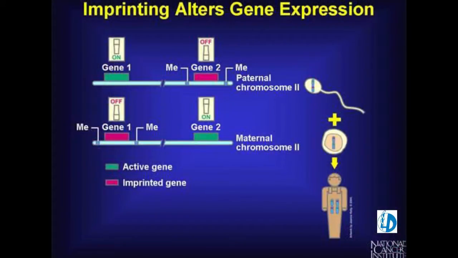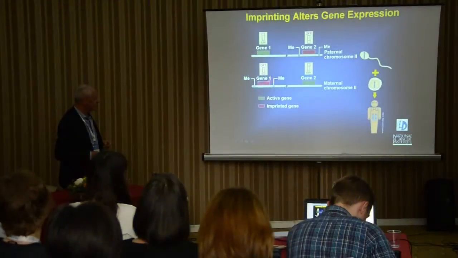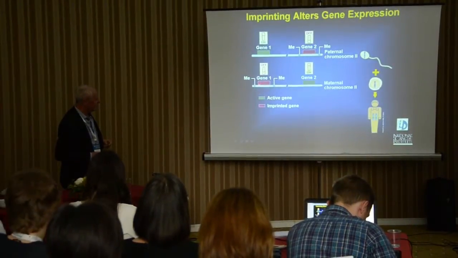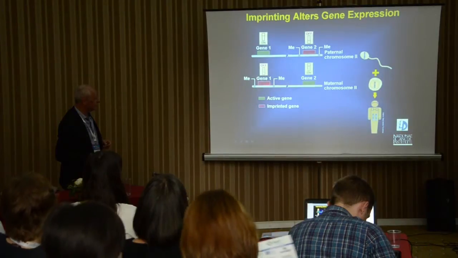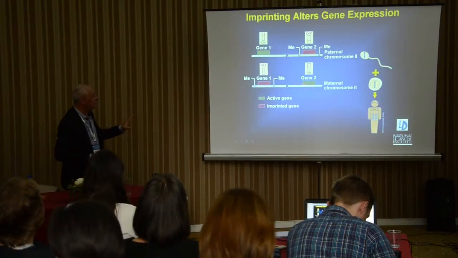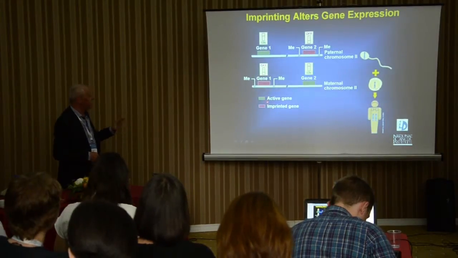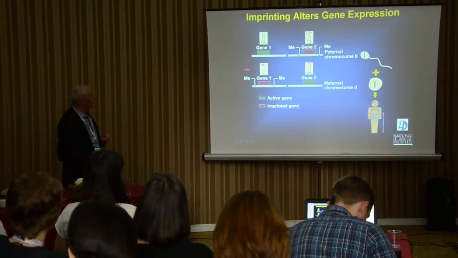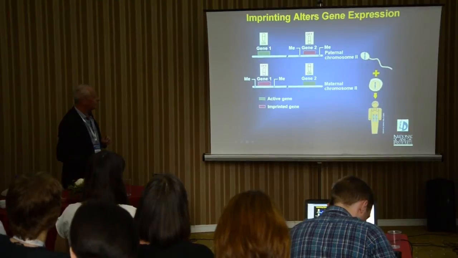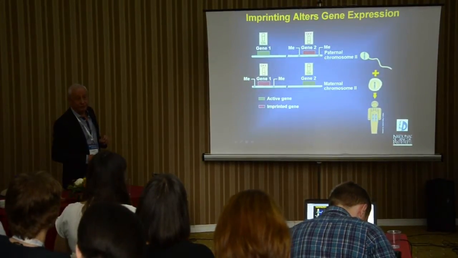But this one is closed with the methyl. Inverse. Here, gene 1 for the maternal is closed, and this one is switched off. And the child has an expression of gene 1 from the father and gene 2 from the mother.